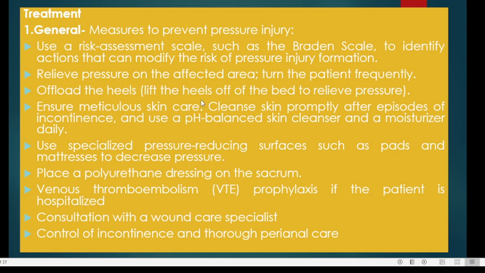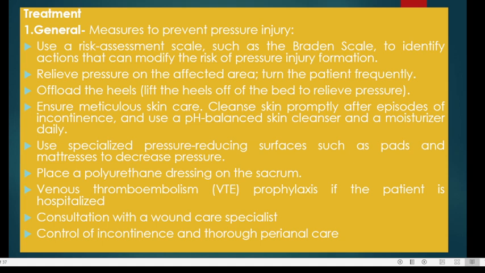Ensure meticulous or careful skin care so that you cleanse the skin properly after an episode of incontinence, and use a pH balanced skin cleanser and a moisturizer daily. You also need to use specialized pressure reducing surfaces such as pads and mattresses to decrease pressure. You place a polyurethane dressing on the sacrum.